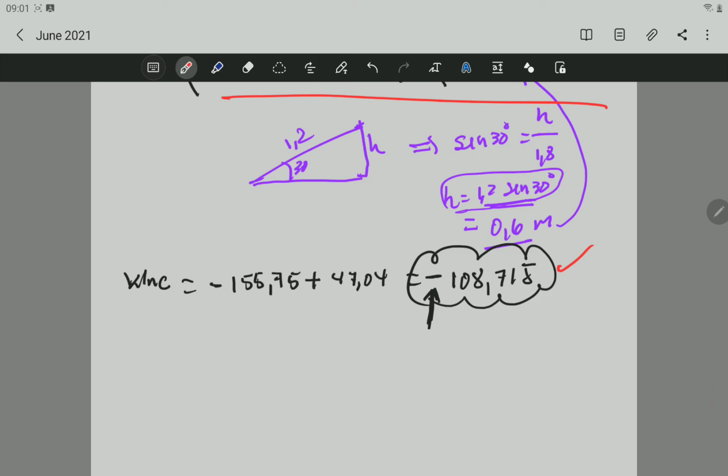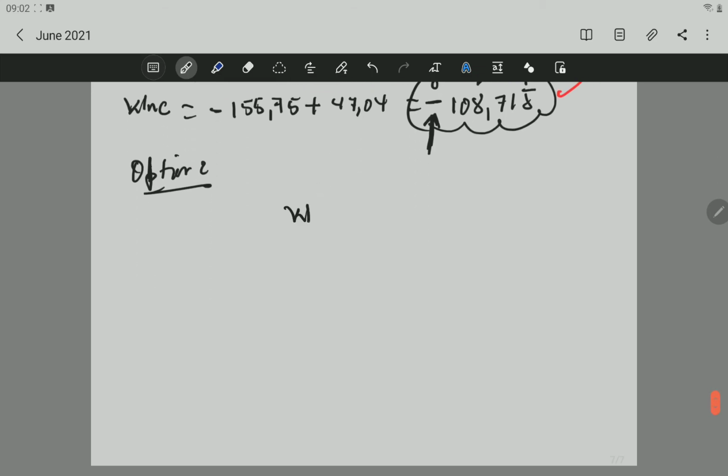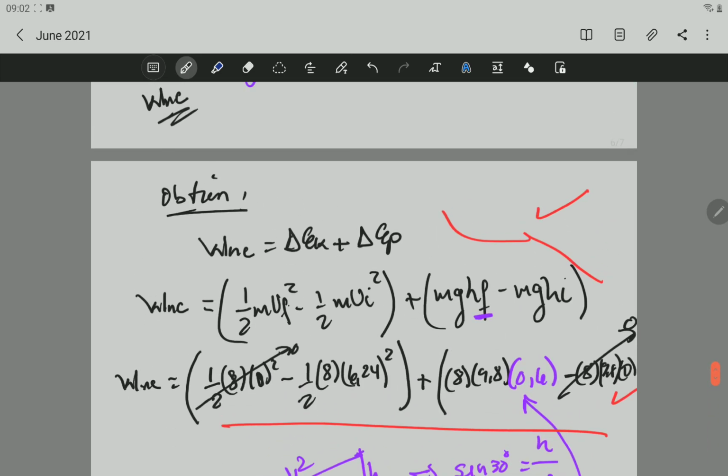Now option 2. Option 2 is using the work energy theorem, and that will be the net work is equal to the change in kinetic energy. What forces are acting here?